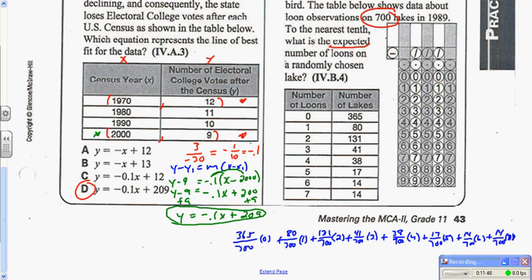If you multiply all those through and add them all up, you get 1.3. Trust me on that one. 1.3. So we fill it in.